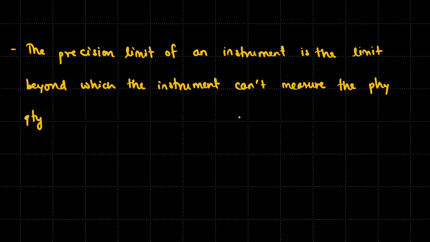So that's basically like least count. It's not the same as least count, but for your case it's almost basically least count. So just think of it as least count.